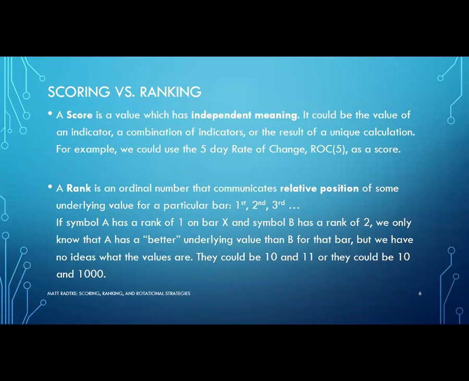So the way AmiBroker does ranking, each symbol that we rank has a different value or different rank for every bar in the backtest. So it's not just that Apple is number 1 and Microsoft is number 2.